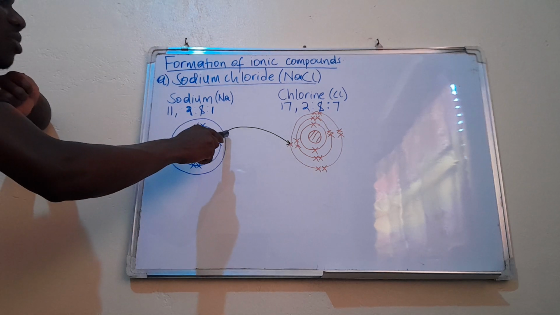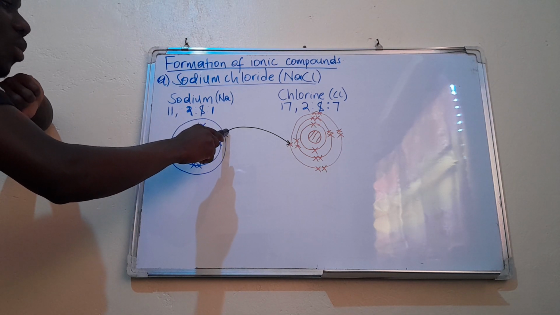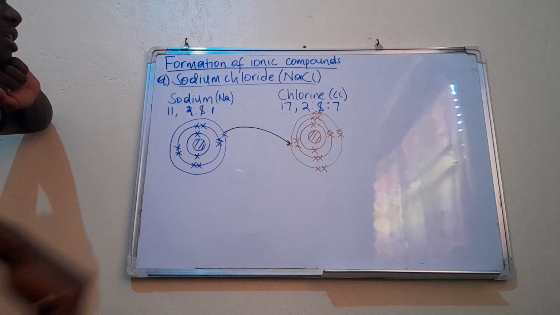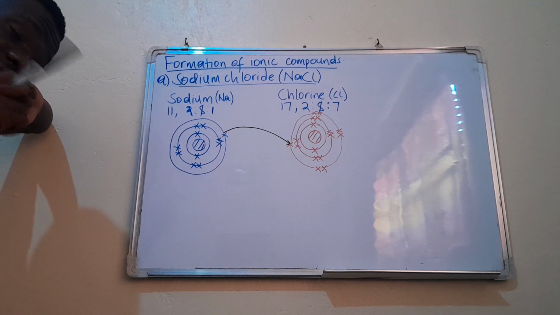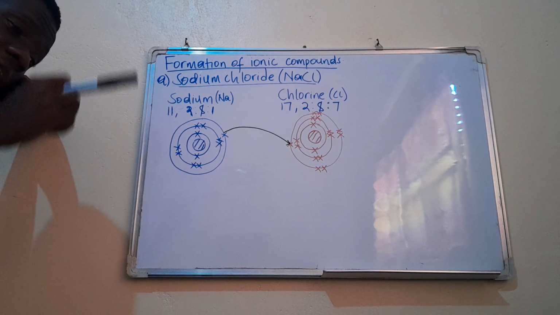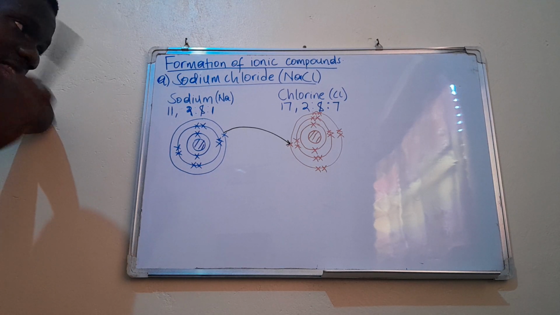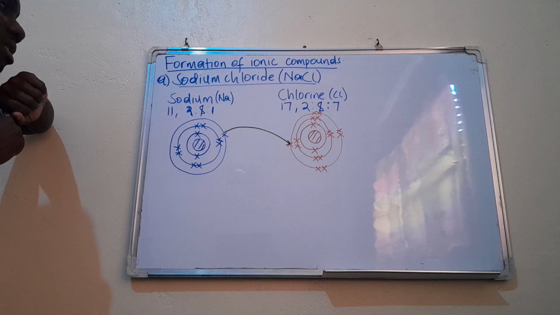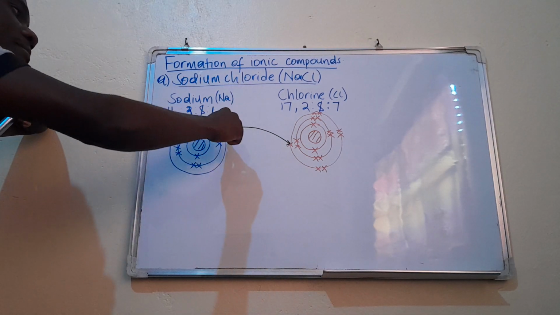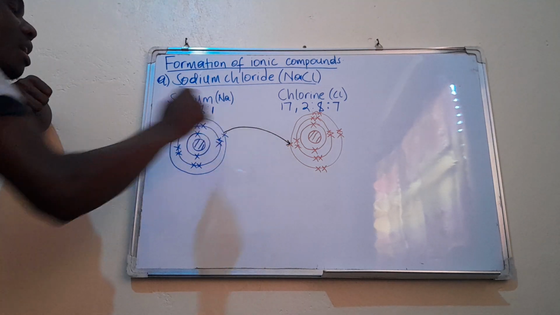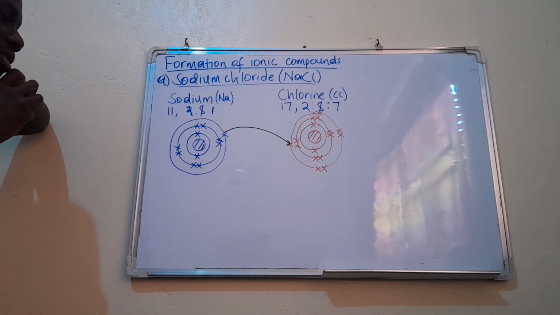So that's why we are transferring this 1 electron to the atomic structure of chlorine. We transfer unpaired electrons because they are unstable and they are the ones which participate in bonding.